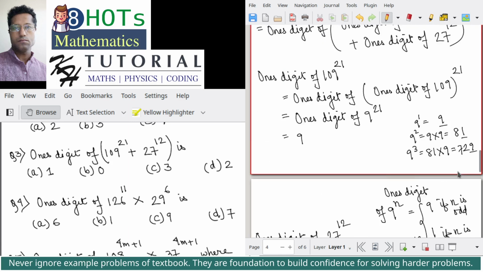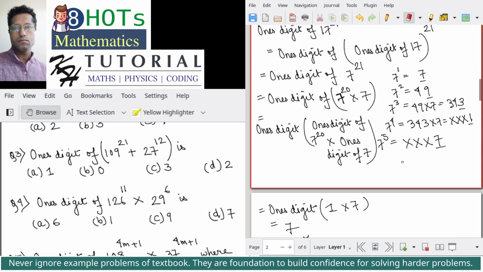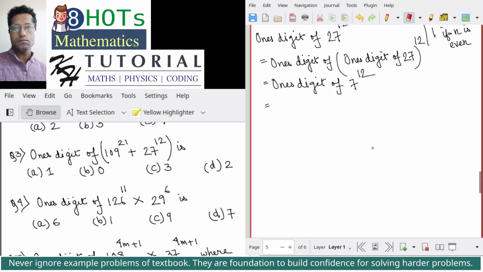So I will write 7 to the power 12; 12 is already a multiple of 4, and at every fourth power of 7 the ones digit is 1. So definitely the ones digit of 7 to the power 12, where the power 12 is a multiple of 4, will be 1.